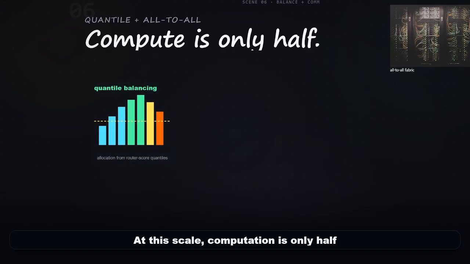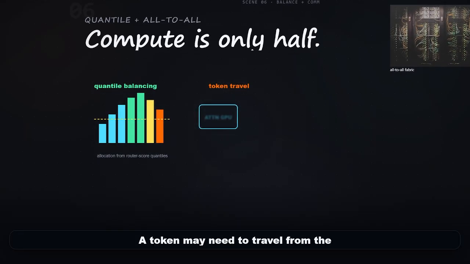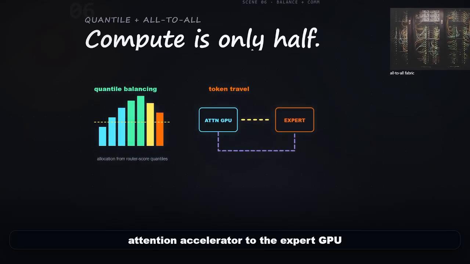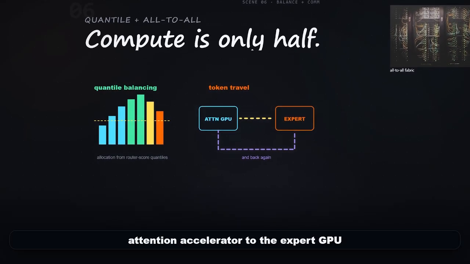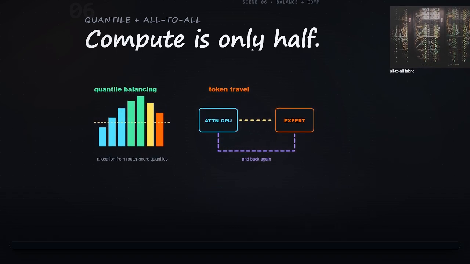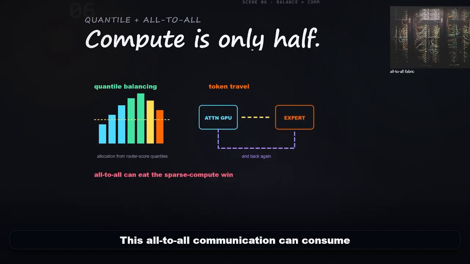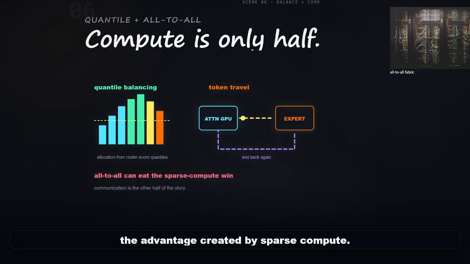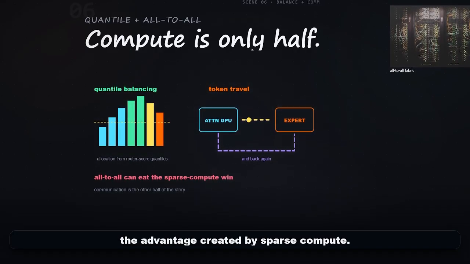At this scale, however, computation is only half of the story. A token may need to travel from the accelerator running its attention layer to the accelerator holding its selected expert, and then travel back again. This all-to-all communication can consume the advantage created by sparse computation.